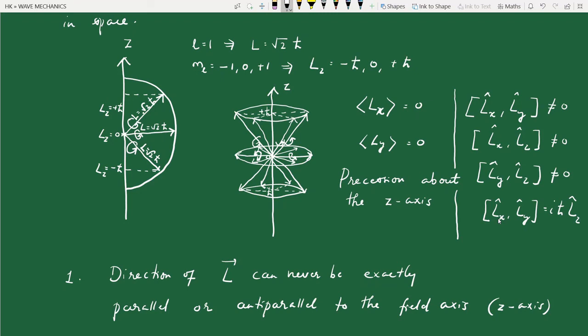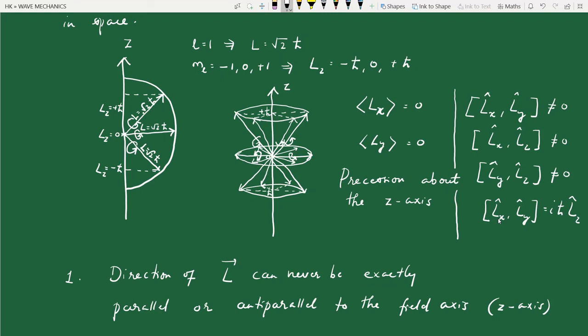So if the z component has a specific value, then Lx and Ly are uncertain, and they can have any possible value from a negative value to a positive value, so that their average value is 0. Physically it means that the electron's orbit precesses around the z-axis, just like the precession of a spinning top around the vertical axis.